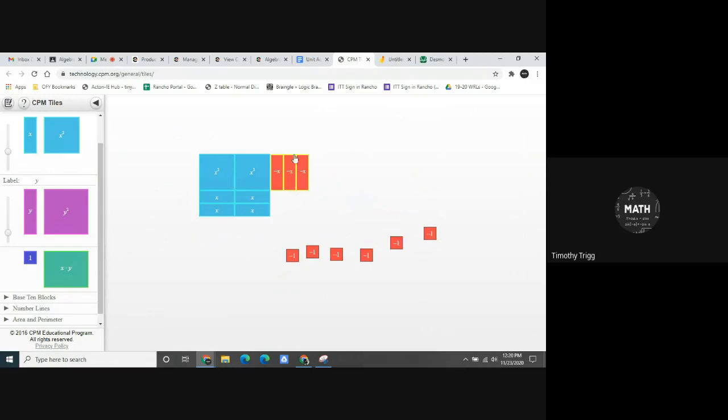So we should still consider just 1 positive x here. Even though I added all these others, we still just have 1 positive x. Okay? So that's a little bit trickier. But now that we have that, we can easily see that these unit ones fit in perfectly to fill in the rest of this rectangle.